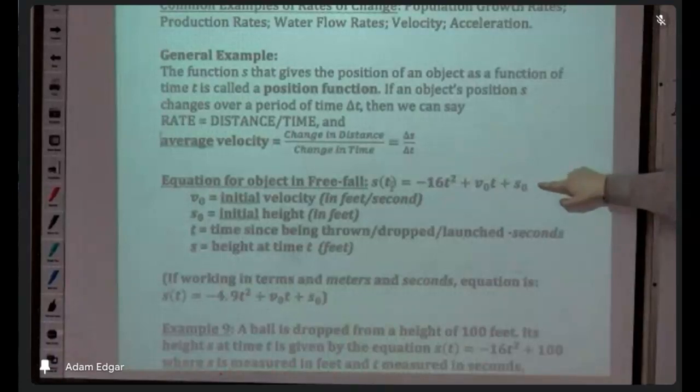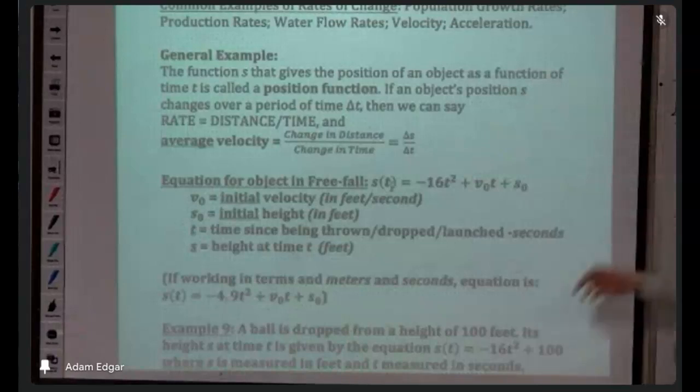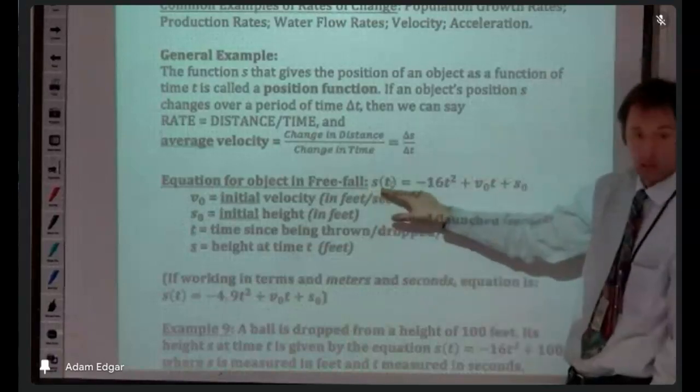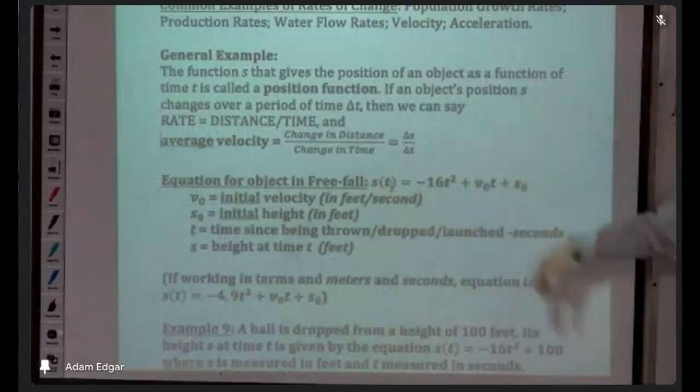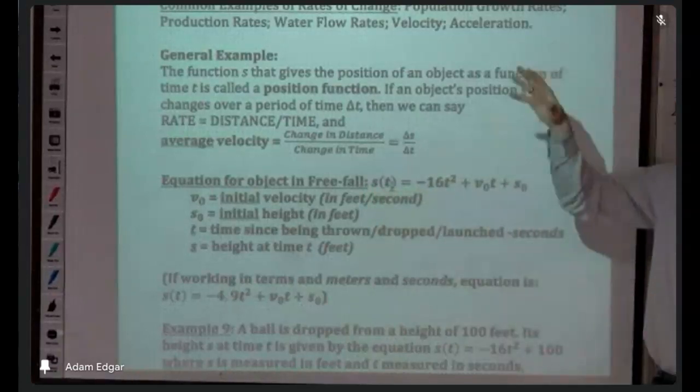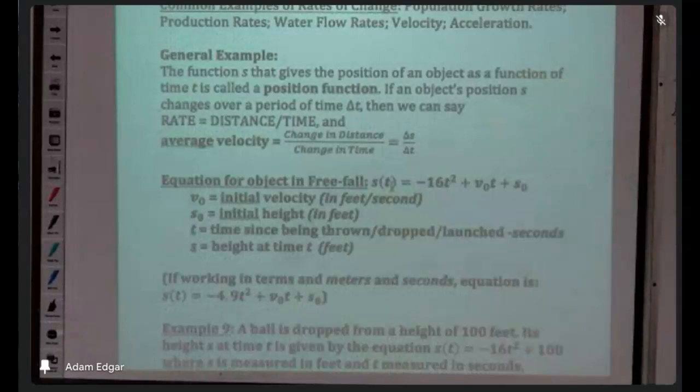So this is an object in free fall, and S, again, is the height. So this is a function. This isn't S times t. This is a function S of t. So this is your height at time t after we've dropped or thrown or launched some object into the air. Like we go up to the roof, we shove a freshman off the roof, and there's his height.